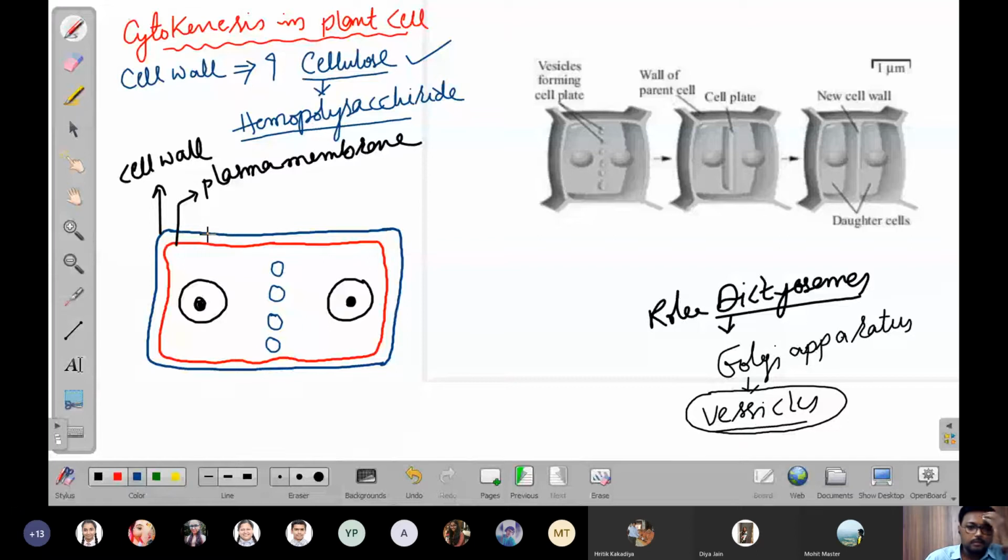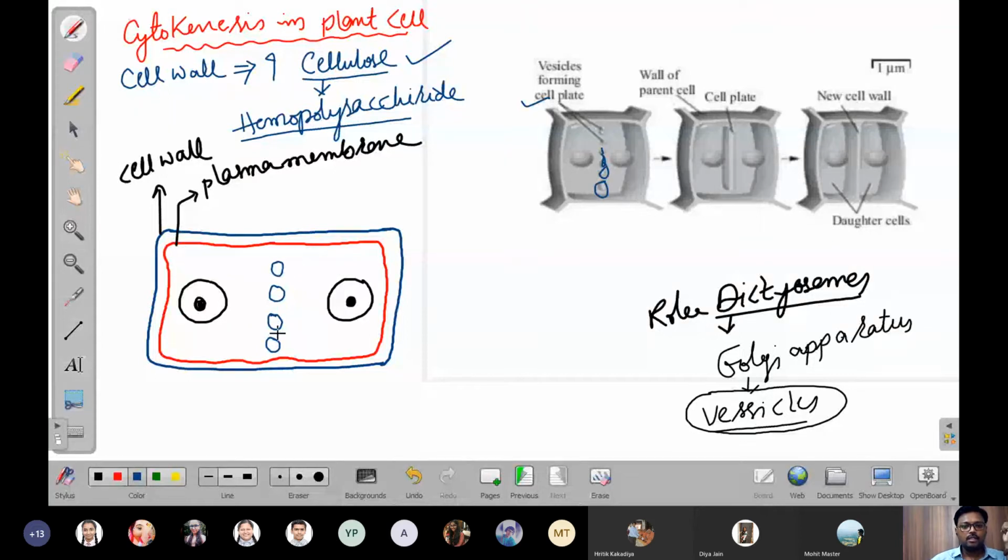So what will happen? The first vesicles are formed. These vesicles are the initiation of cell plate formation. It is the initial step of cell plate formation. Here also showing the cell plate forming cell wall. The number of vesicles here are 1, 2, 3, 4, right? Now then what?